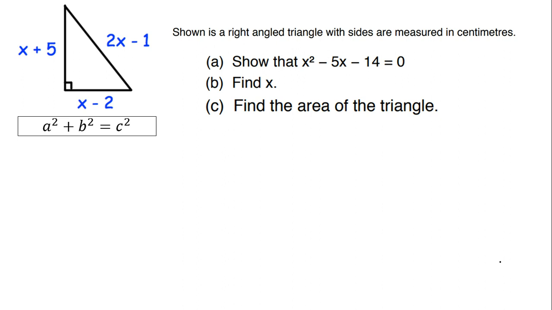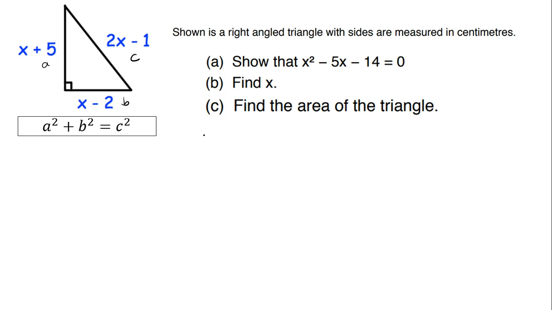Whenever you see a right angle triangle with these weird little values, and you have to prove that something results in an x squared, you go back to something that gives you a square, and that is the Pythagoras theorem: a squared plus b squared equals c squared. A and B are the vertical and horizontal sides always, and the diagonal side is my C. I'm just going to rename the sides as ABC and put the values in.